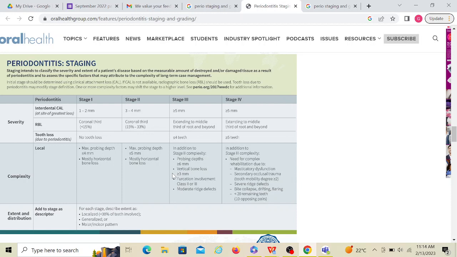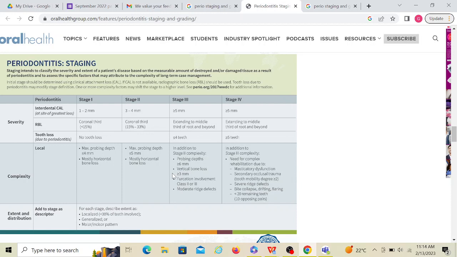Okay, class 3 furcation is through and through, but the gums have not recessed, and class 4 furcation is actually you can see through and through. You understand? So in a stage 3, the recession is there more than 5 mm, and there is furcation involvement, but it's like stage 2 or stage 3 only.